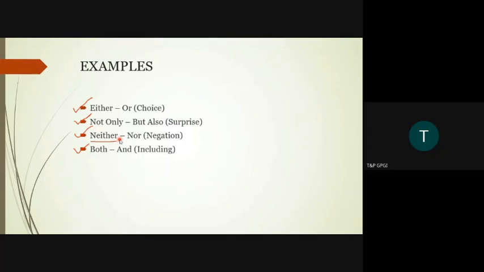All right. The third one is: the dog neither ate nor slept that night. Poor dog, it neither ate nor slept that night. Another example of negation. The last one, we'll use Mr. X. Mr. X was both funny and modest about his adventures.